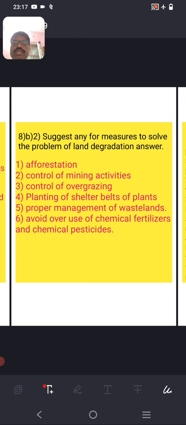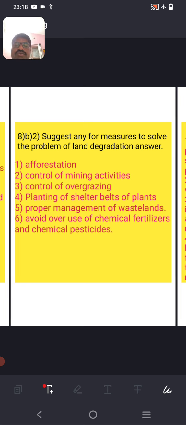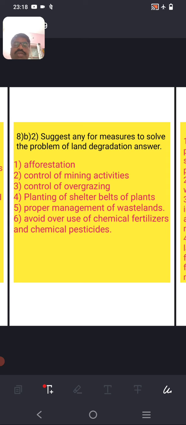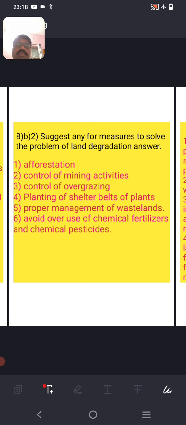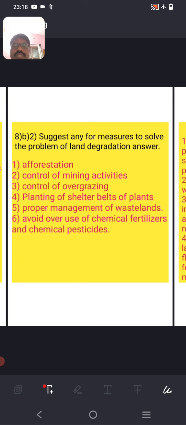The first one is afforestation. The second one is control of mining activities. The third one is control of overgrazing. The fourth one is planting of shelter belts of plants. Fifth one is proper management of wastelands. Sixth one, avoid overuse of chemical fertilizers and chemical pesticides.